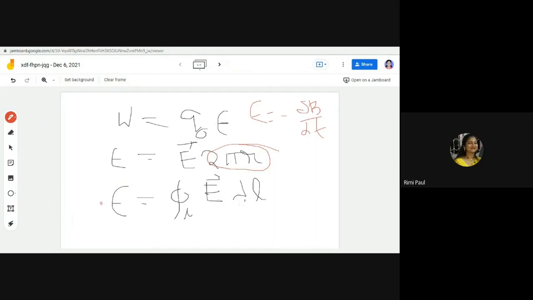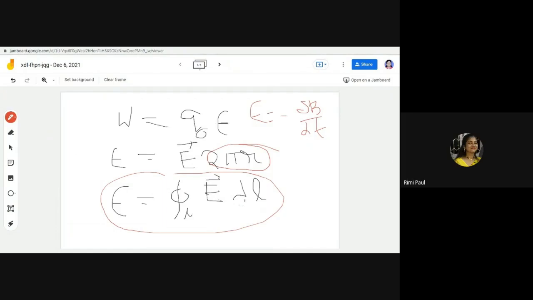And here, from the work done in a closed path of a test charge, we can see that epsilon is equal to closed line integral E dot dl, that means electric field intensity.